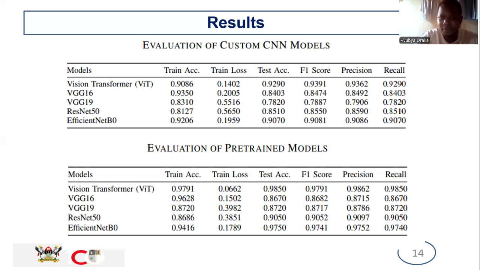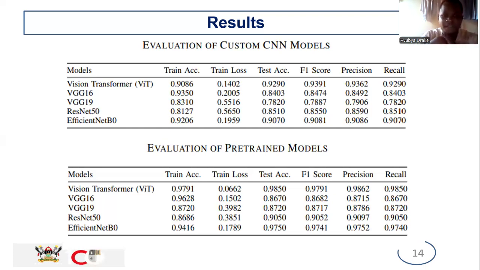Vision Transformer still performed better than other models, having a 97.91 F1 score and 98.50 accuracy. EfficientNet was still second, followed by ResNet, and VGG performing poorest.